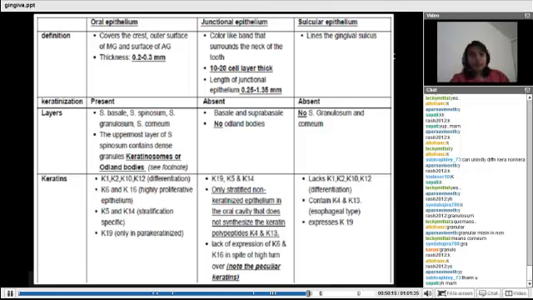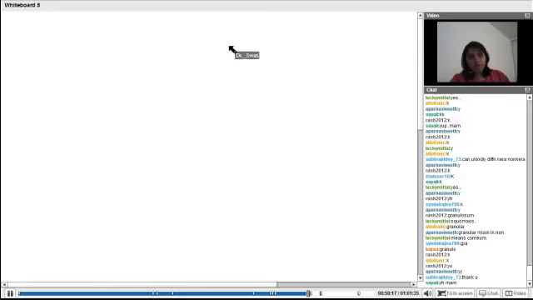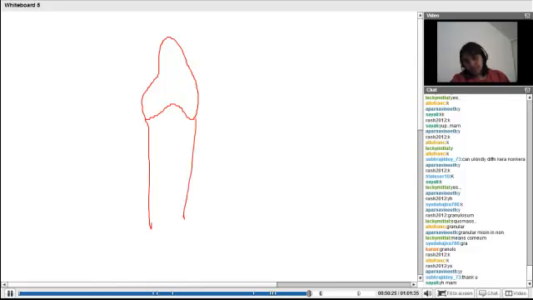Get the point? So our epithelium, which is here, is attached to the tooth. This whole layer is epithelium, covering the connective tissue. This part of the epithelium which is attaching to the tooth is your junctional epithelium.